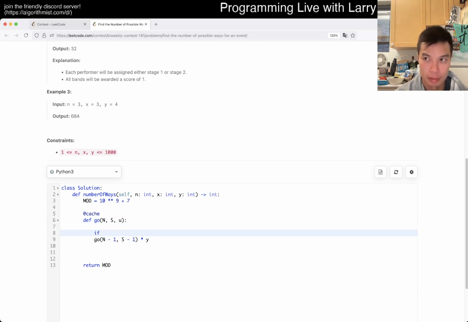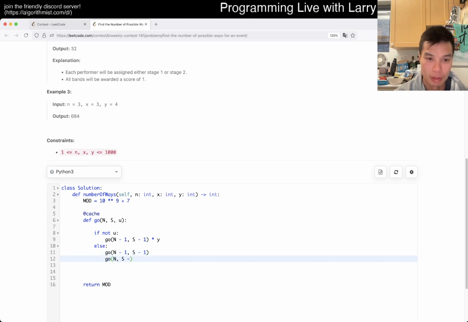If not used, then we can do this. If it is used, then we just maybe take one, and then we also maybe don't take one. Oh no, if it's not used, then we take one, but it's this.